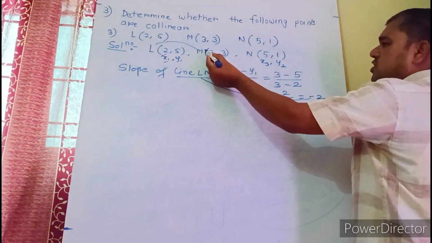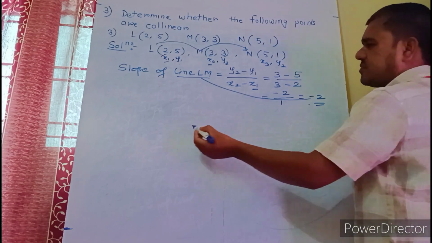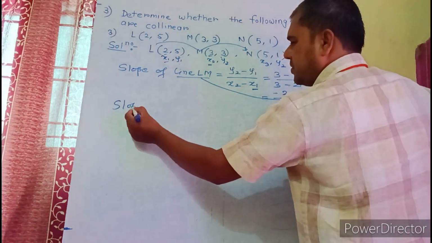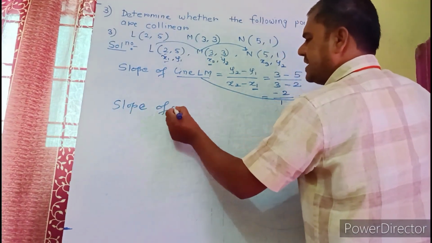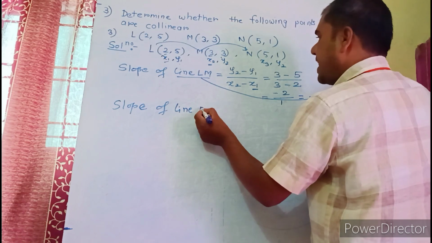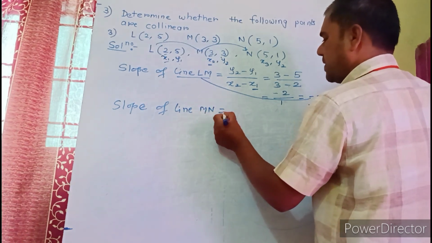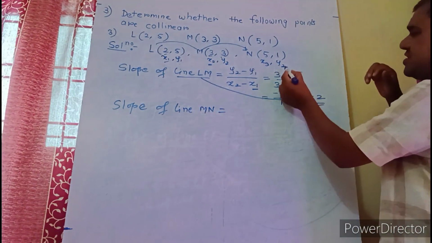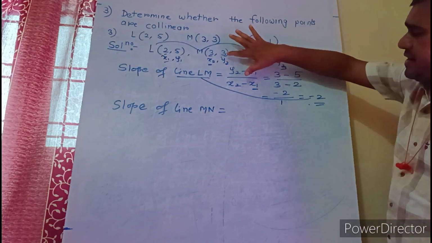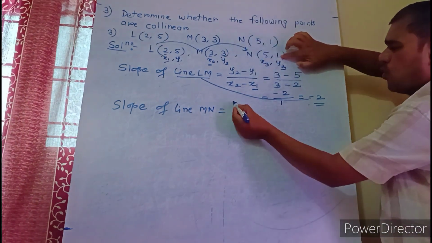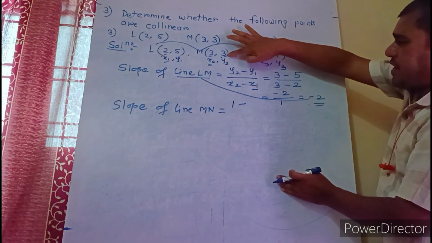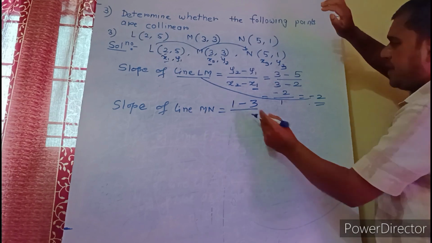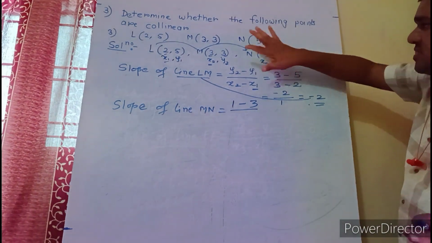Now we have to find the slope of line MN. The slope of line MN can be calculated as y3 minus y2, that is 1 minus 3, divided by x3 minus x2.